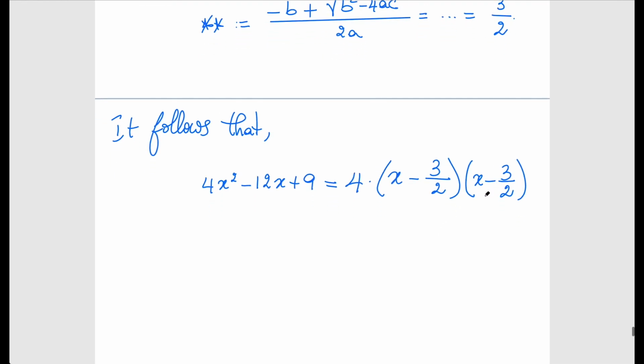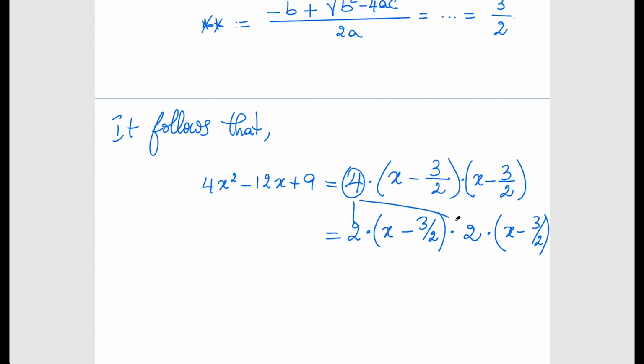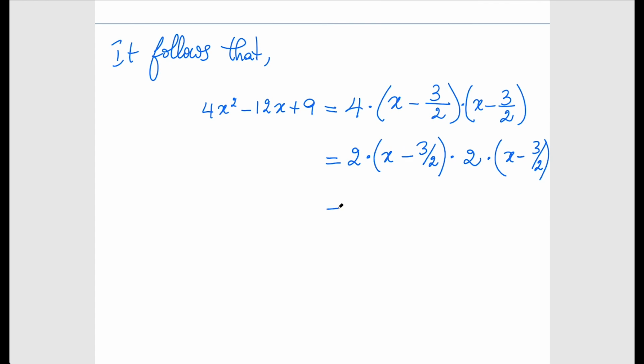Look, the 4, I can think about it as 2 times 2, times this factor, and I just shuffled them around because multiplication is commutative, not a big deal. The 4 is coming from the 2 times 2.